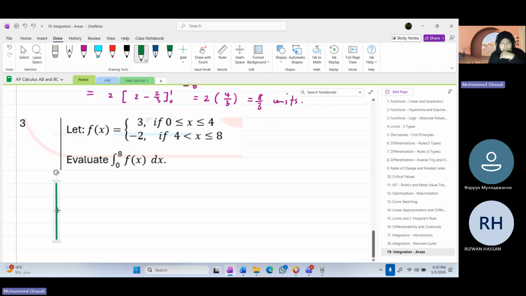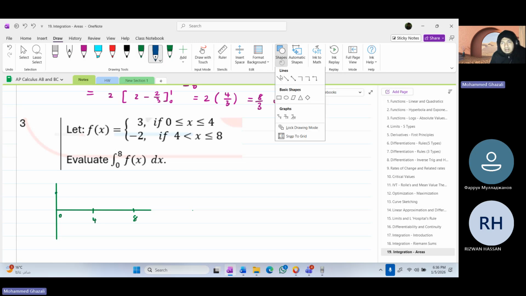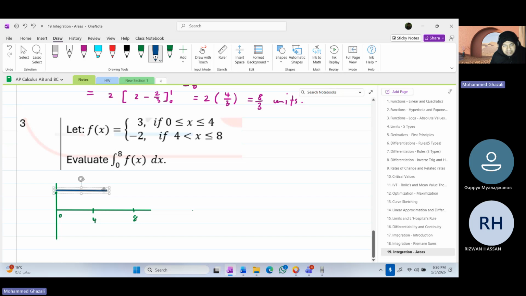So from 0 to 4, and you've got from 4 to 8. From 0 to 4, the graph is y equals 3. So it's like a split function, that's easy. It's just y equals 3. I need to just erase the rest part.